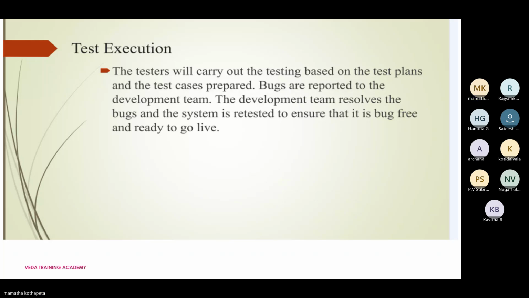Once the defects are fixed, they are assigned back to the testing team. The testing team will retest the defects and make sure that all the defects which are raised are retested. And if all the defects are closed, then that application is ready for go live. This happens in the test execution phase.